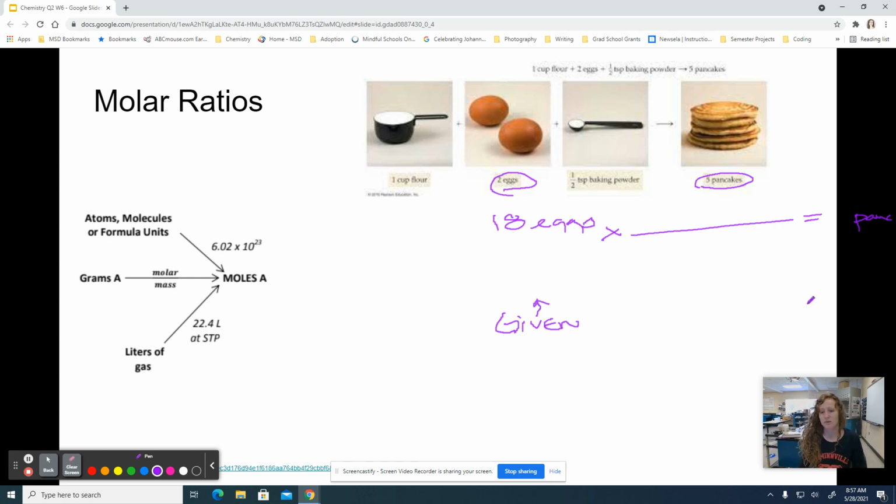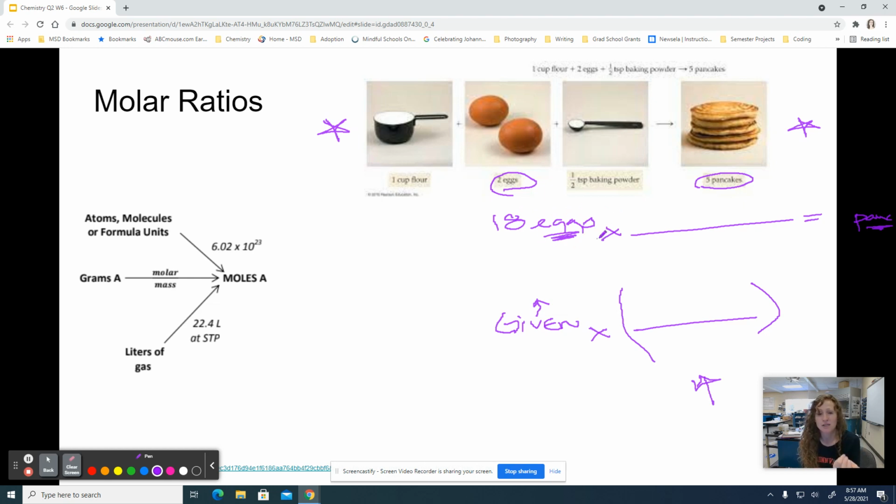We're going to multiply it by a conversion factor. This is the relationship between the two things that I'm trying to deal with, eggs and pancakes. Remember, this is a consistent ratio that should be true no matter what day I find myself making this recipe. Okay, so we're going to set it up exactly the same.